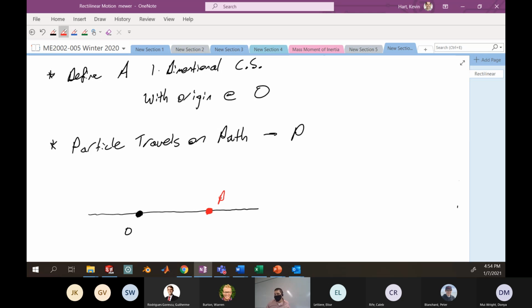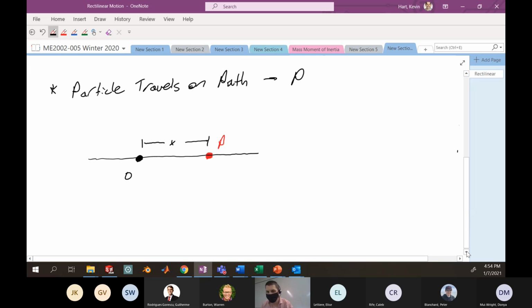All right. We would define the position of this particle using the traditional definition of position. And in this class, when we're talking about one dimension, we'll say that the particle is located at a distance x away from the origin.